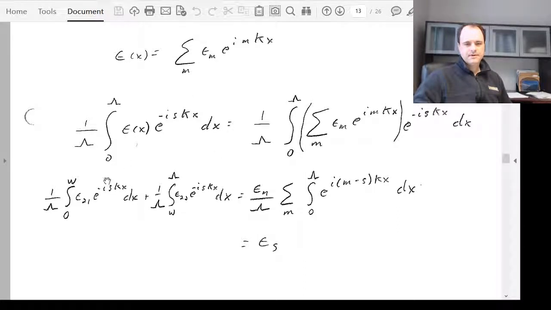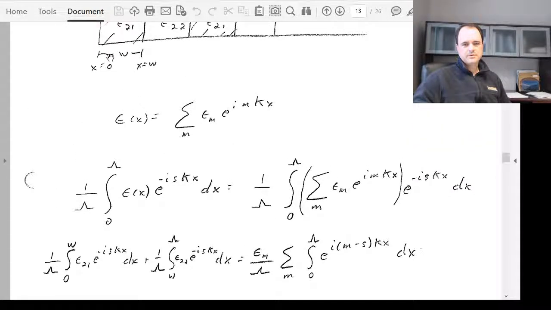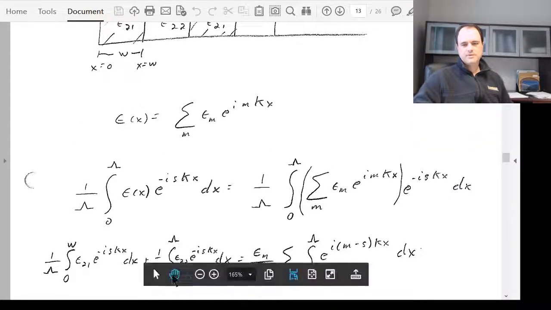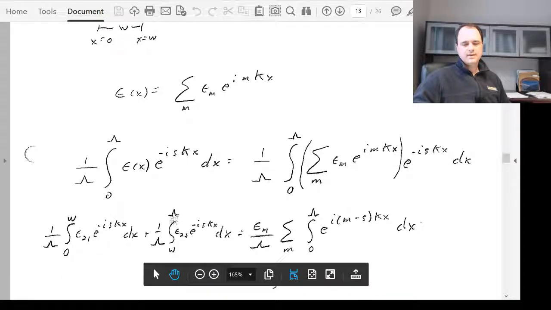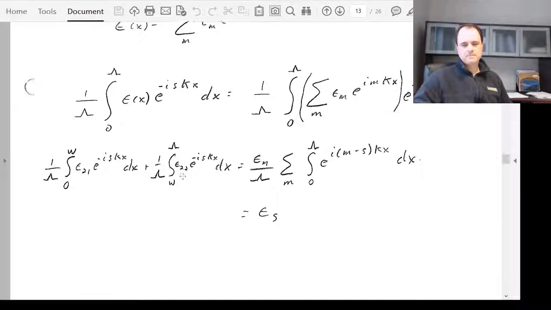When you do it on this side, you have to put epsilon as a function of x. In between 0 and w, it's epsilon 2,1. In between w and capital lambda, it is epsilon 2,2.